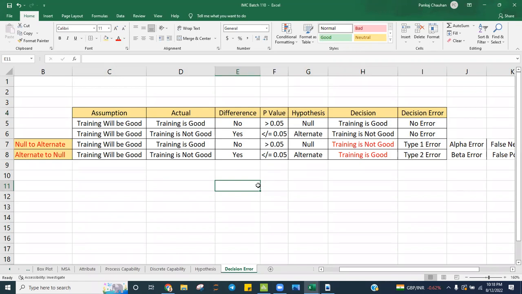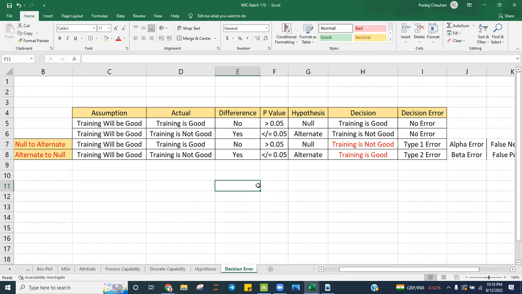Yes, you are right. Which means when something is true, you are telling that it is false, it's type 1 error. When something is false and you are telling it is true, then it's a type 2 error. In both cases we are taking an incorrect decision.